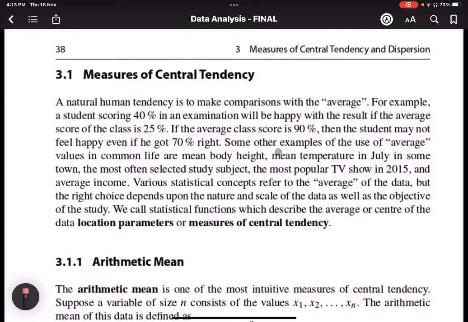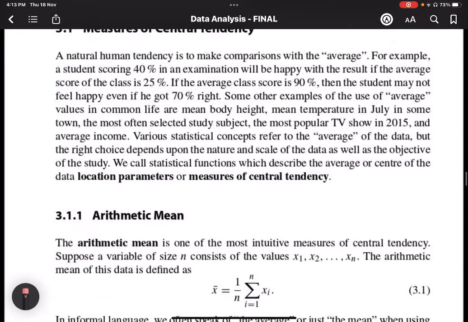Some other examples of these average values are mean body height, mean temperature in July in some town, the most often selected study subject, the most popular TV show in 2015, and the average income. So, mostly every day ginagamit natin ang average data or information para ma-compare natin ang performance ng isang bagay with the performance of others.